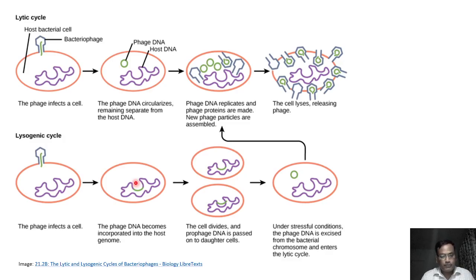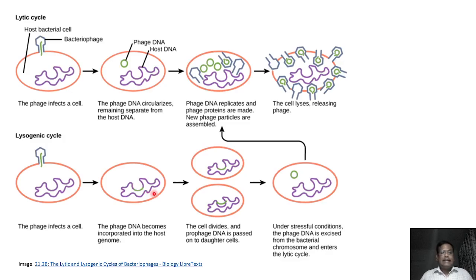Then what happens? When this bacteria multiplies, you can see there is a multiplication of bacteria. When this bacteria divides and forms two bacteria, here there is one copy, and with the increase in the number of bacteria there are two copies, right? So with the multiplication of bacteria, the phage DNA is also multiplying.